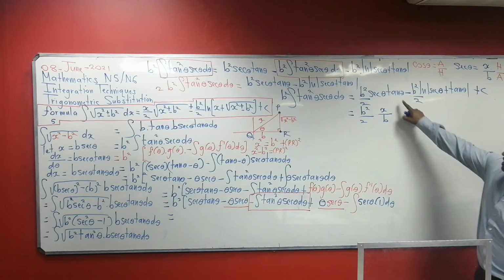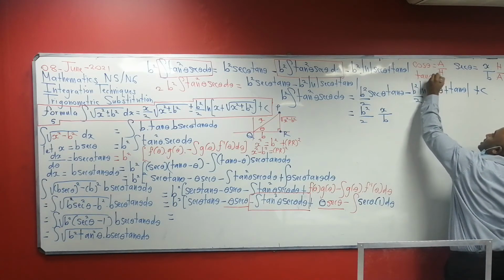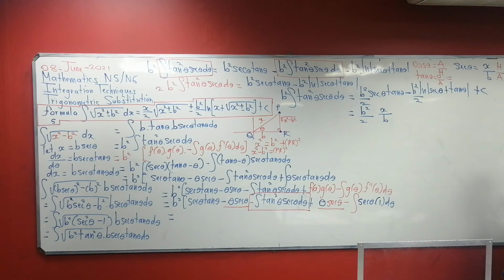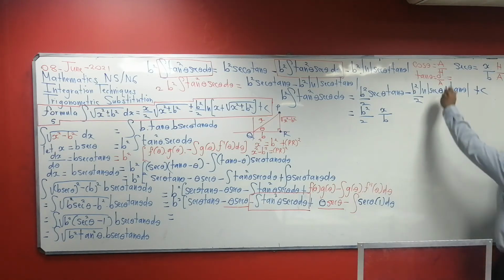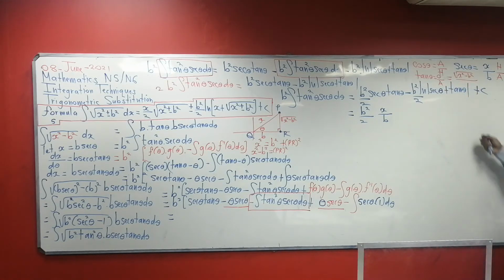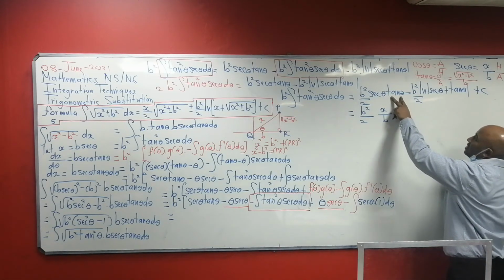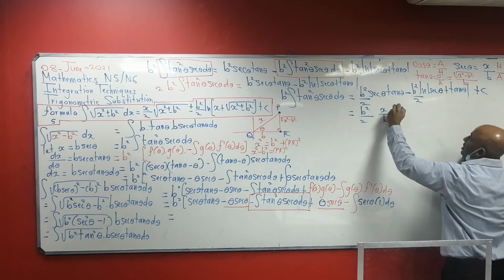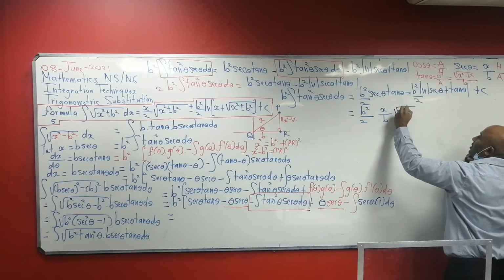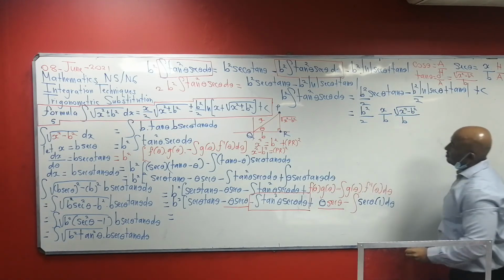What do I want? I want tan. I know that tan is opposite over adjacent. So the opposite to theta is the square root of x squared minus b squared, and the adjacent is b. So I got my tan theta there, which is the square root of x squared minus b squared all over b.